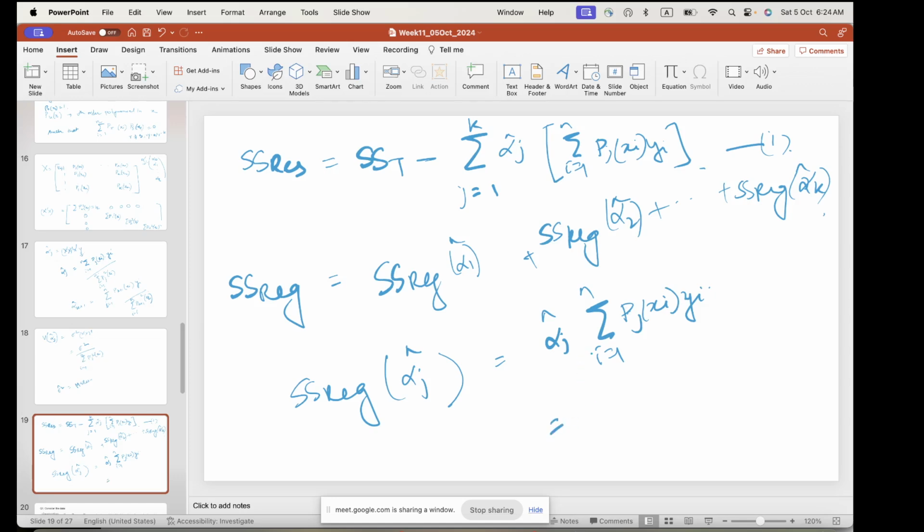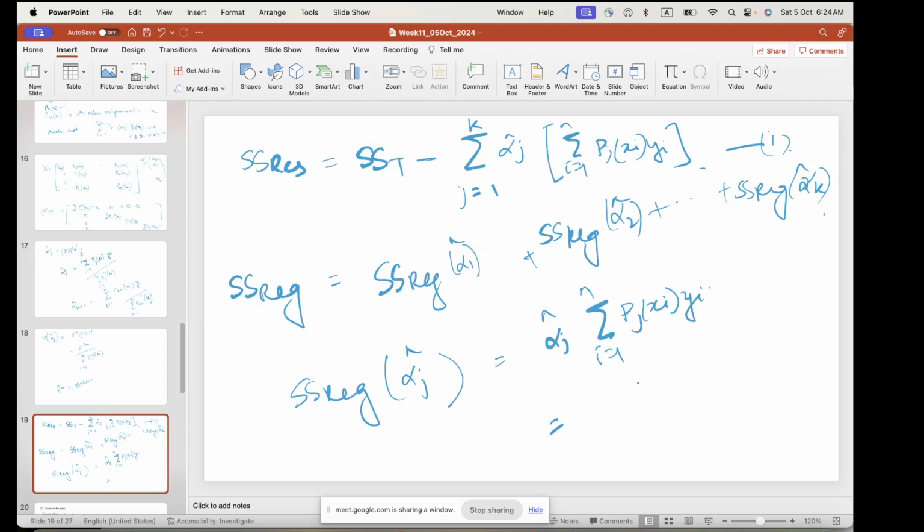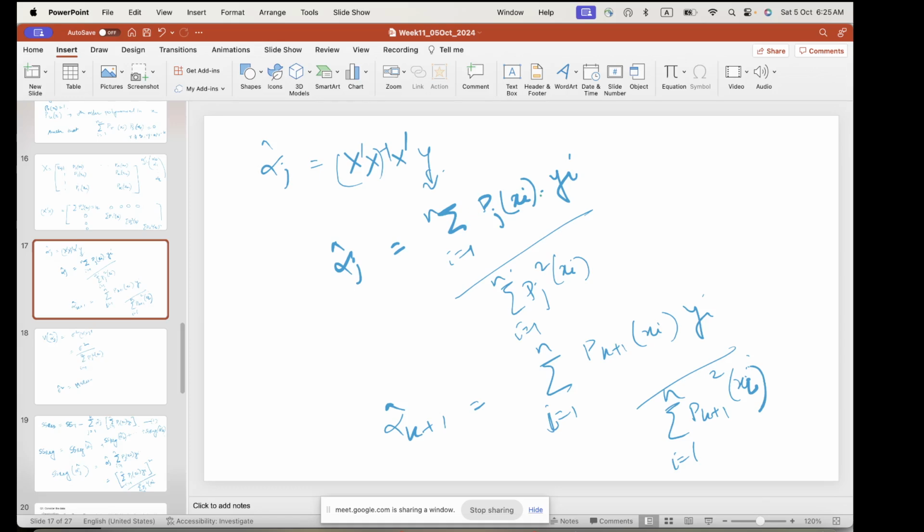Which is equal to, substituting the value of alpha j that we got from here, summation pj xi yi I equal to 1 to n whole square divided by summation pj square xi I equal to 1 to n. Okay, why? Because alpha j is also this thing, summation pj xi yi by summation pj square xi.